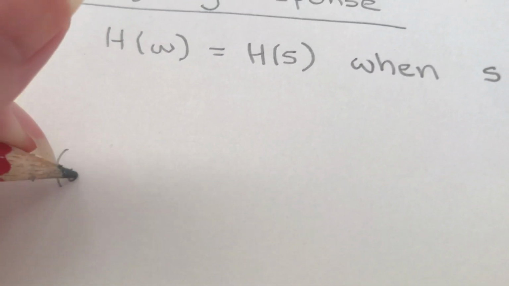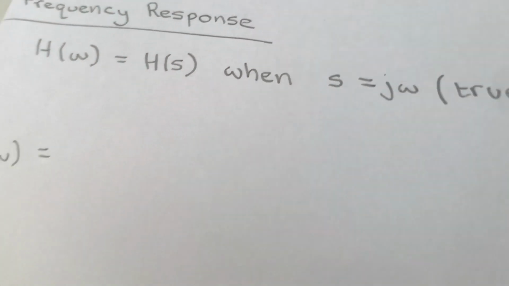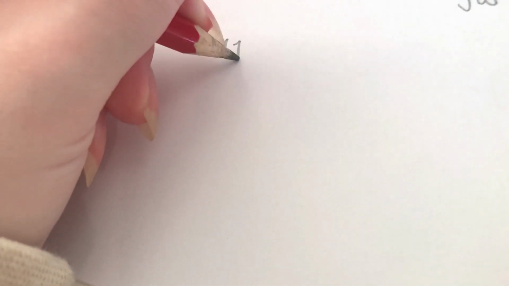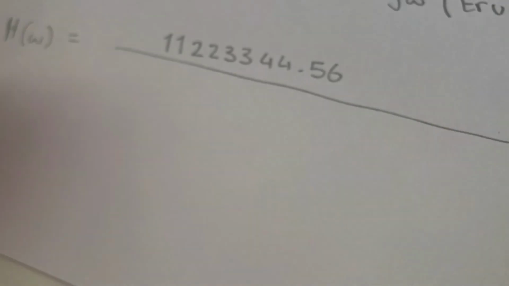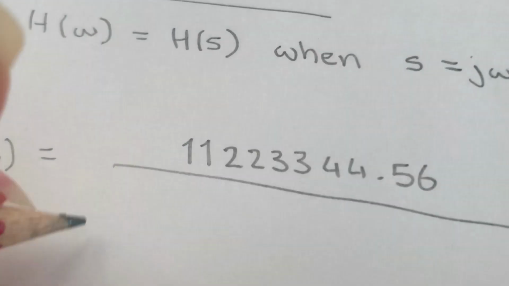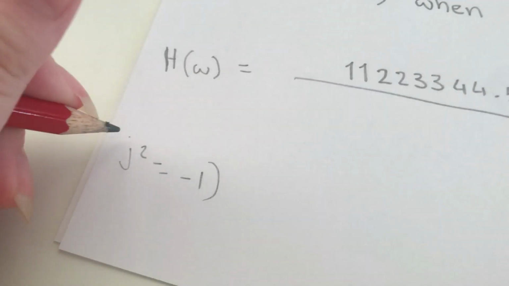H(w) equals 11223344.56 over, s squared will be j squared w squared, but we know that j squared equals minus 1.